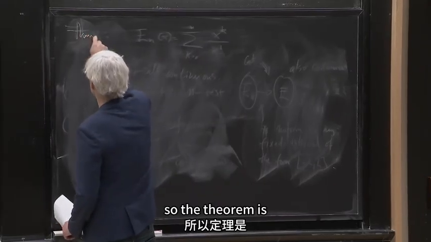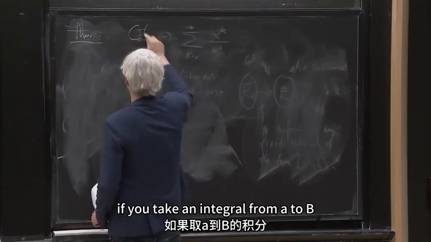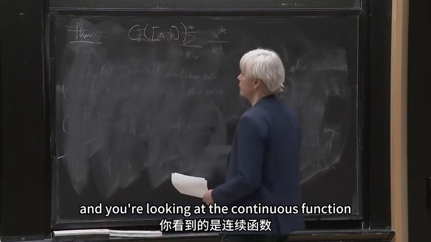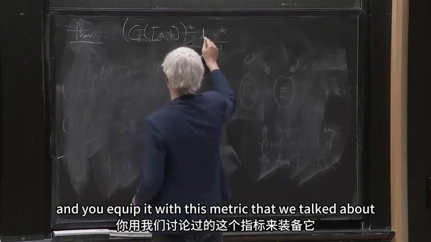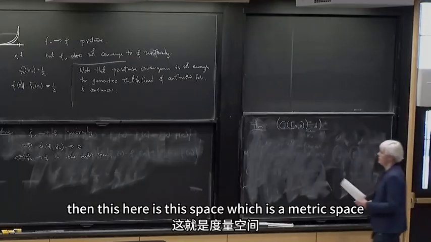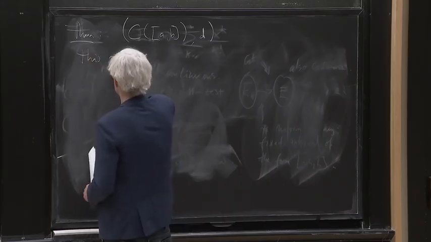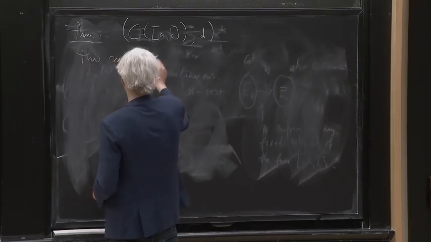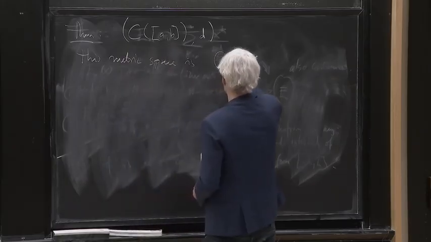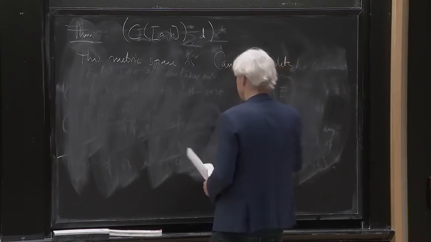So the theorem is this next thing: if you take an interval from a to b and you look at the continuous functions and equip it with this metric that we talked about, then this space, which is a metric space, is Cauchy complete. Okay.